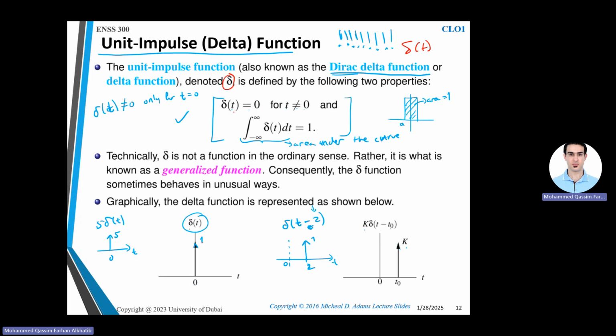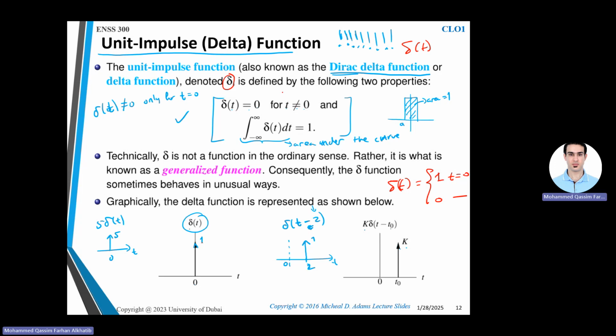See, delta of t equals 0 at all points in time unless t equals 0. So you can express it like this: delta of t equals 1 at t equals 0 and 0 elsewhere. That's the mathematical expression of the delta sign.